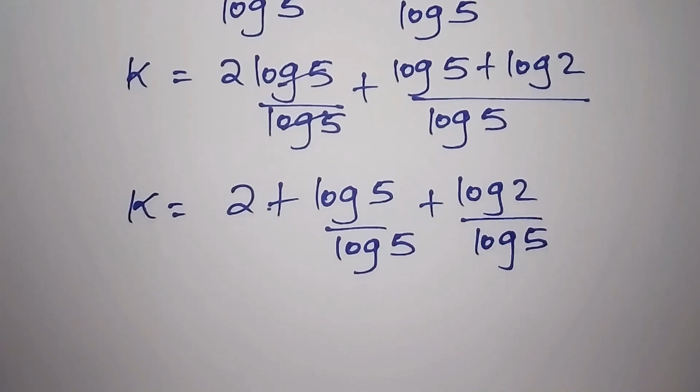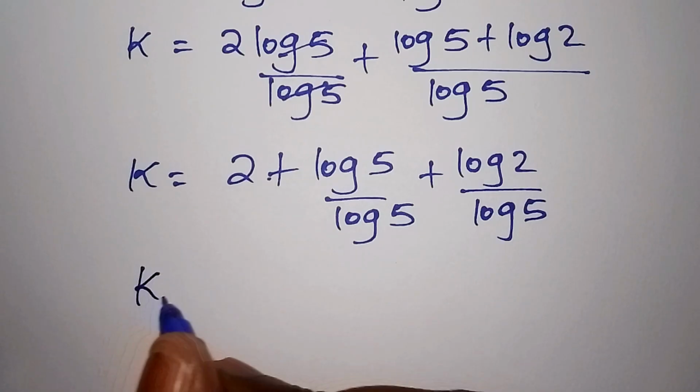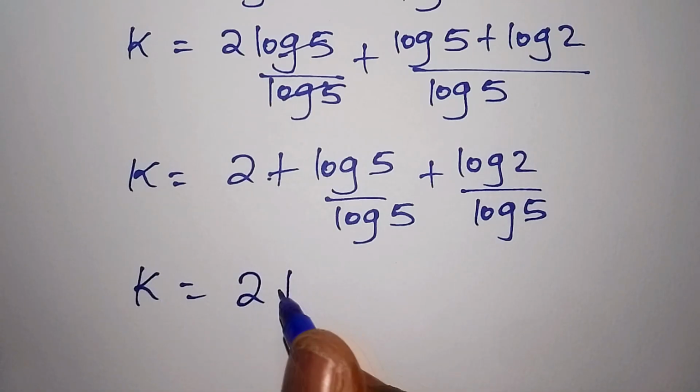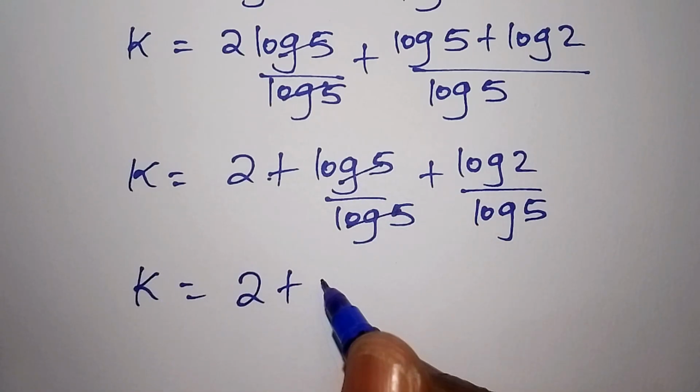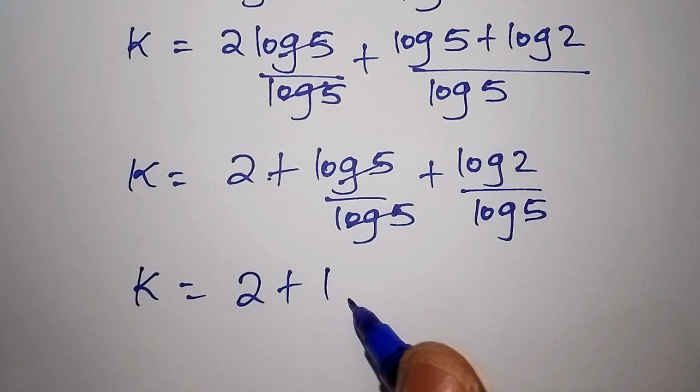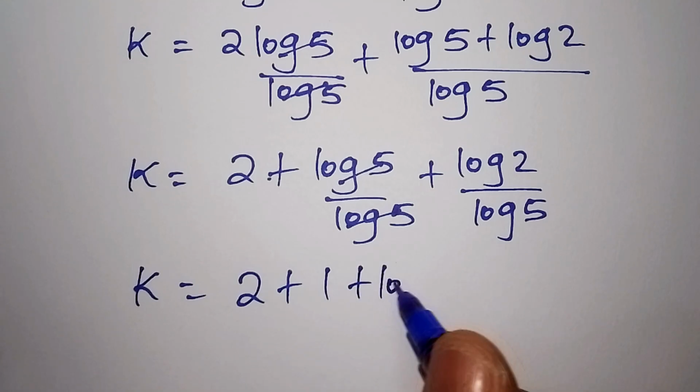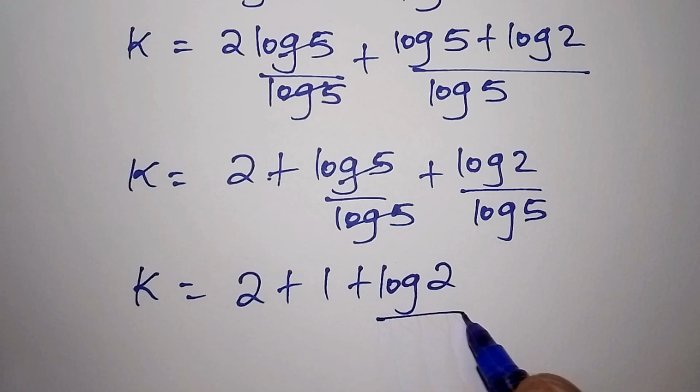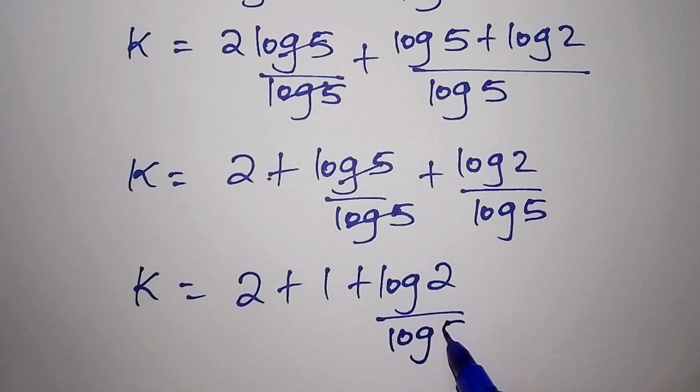So we now have k equal to 2 plus, log 5 and log 5 cancel, so we remain with 1 plus the log of 2 all over the log of 5.